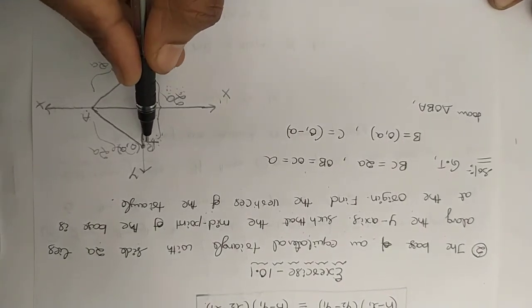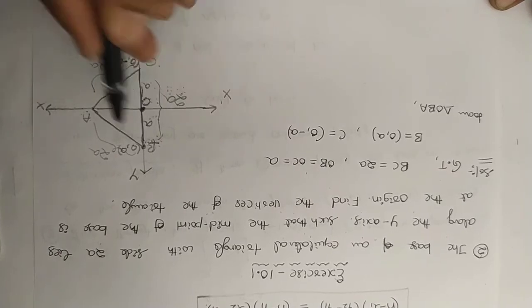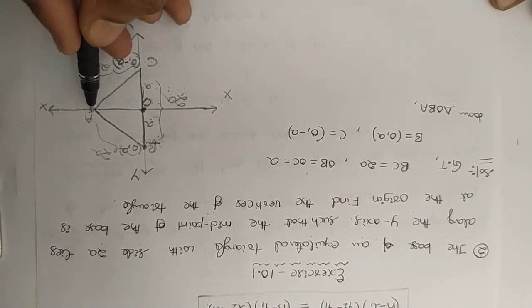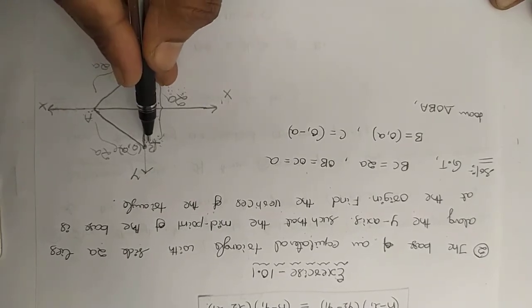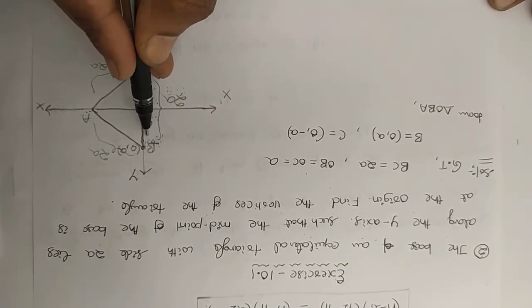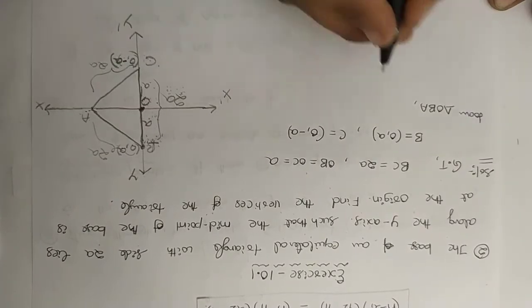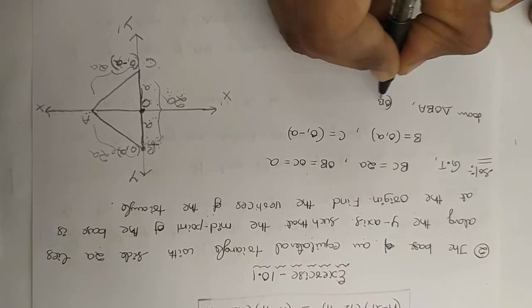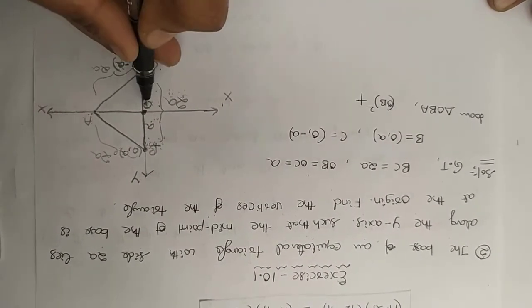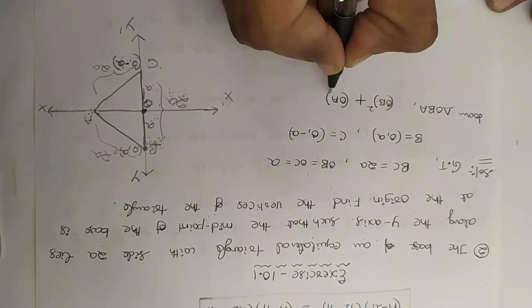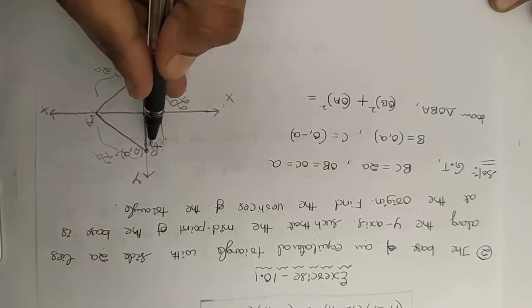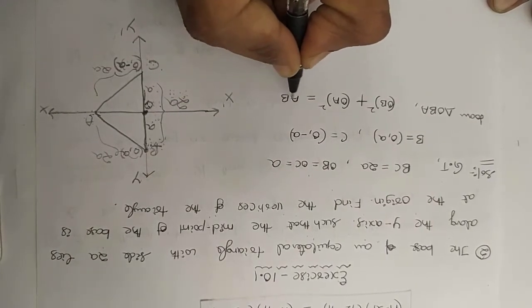OB square plus OA square equals AB whole square, right? OB square plus OA square equals AB square.